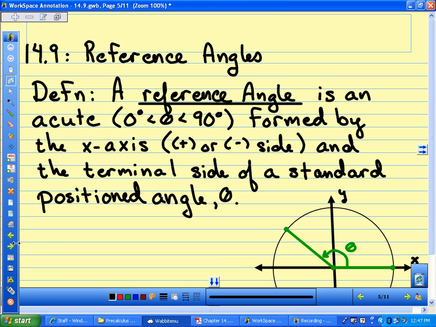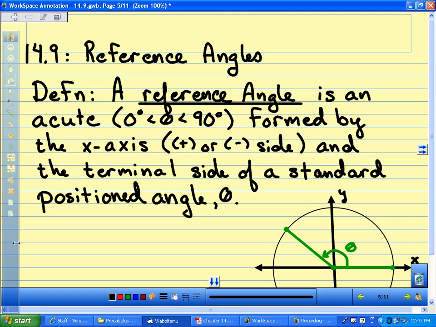And we're carrying on into 14.9, a very, very important concept here with reference angle, and that's not the first time you've heard me say something is very, very important in this topic so far.